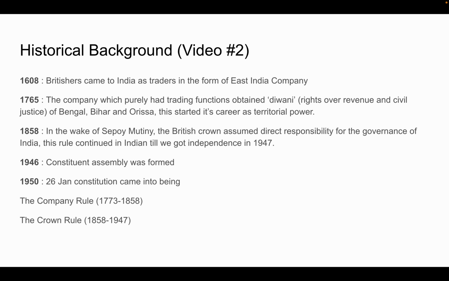It is the Regulating Act of 1773, and the last act that we had in the company's rule was in the year 1853, which is the 4th Charter Act. From 1858, we will have the Crown Rule, and we will study the Crown Rule in the next video.